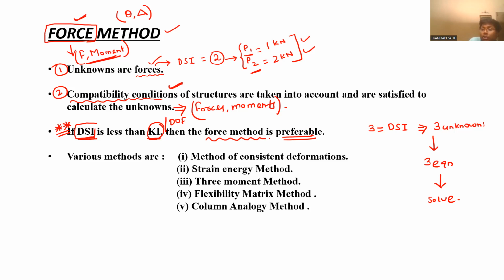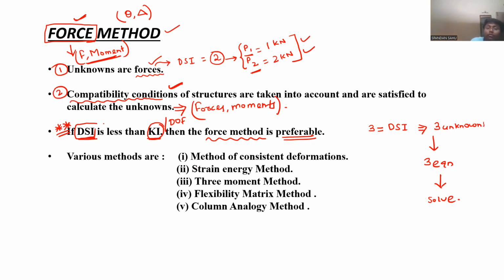You can use force method, but the task will be tedious and not advisable, because it will be cumbersome and at some point you can make a calculation mistake.